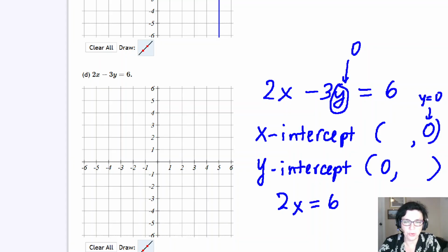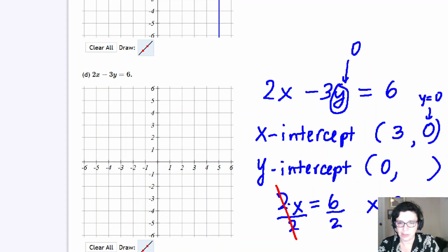Now, to solve this for x, remember that the operation that we call the default operation is multiplication. So to undo the multiplication, we're going to divide both sides by 2. Okay, and so now this is going to cancel, and 6 divided by 2 is 3. So that's going to give you x equals 3. So the x-intercept is going to be 3.